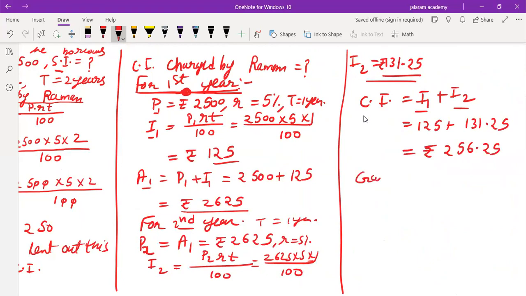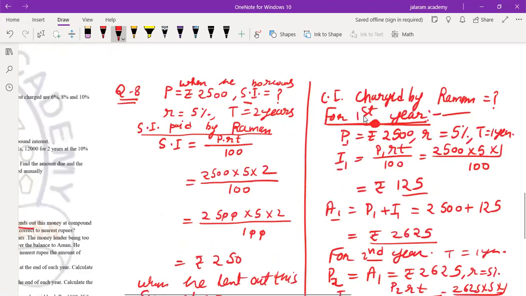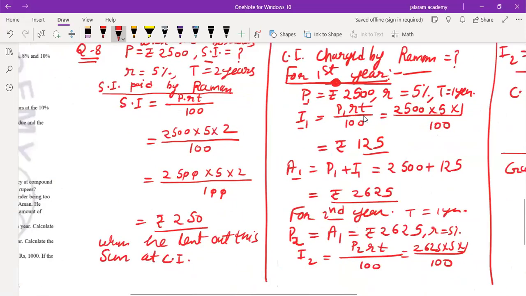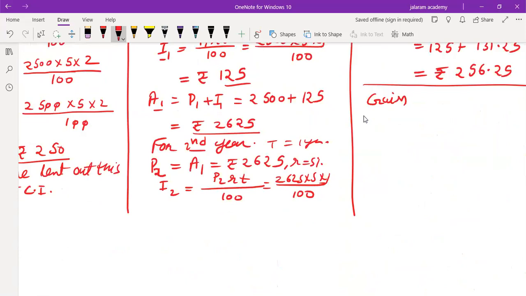Okay, so gain of Raman, as this is the interest charged by him, rupees 256.25, and this is the interest paid by him, rupees 250. So whatever is the difference will be the gain obtained by Raman.